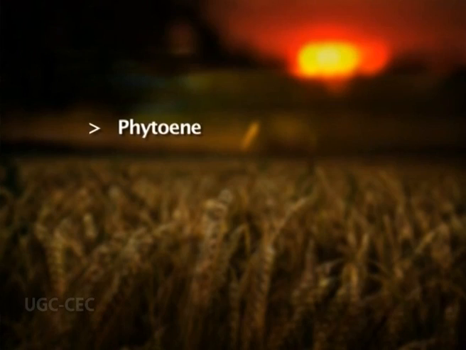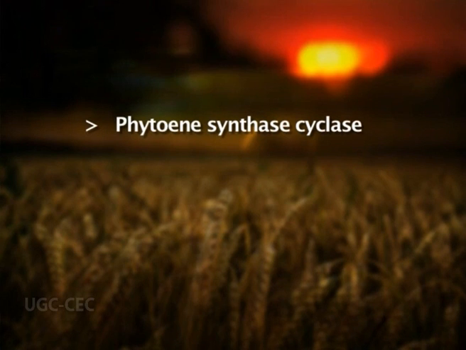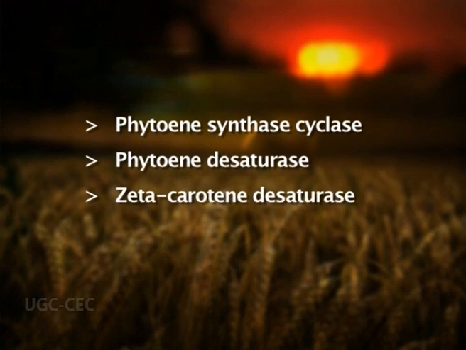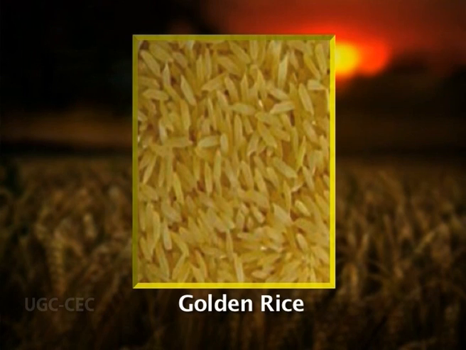Genes providing phytoene synthase, phytoene desaturase, zeta-carotene desaturase and lycopene cyclase were transferred into rice by Agrobacterium-mediated transformation. The resulting transgenic rice, popularly called golden rice, contains a good quantity of beta-carotene, which gives golden color to rice grains.